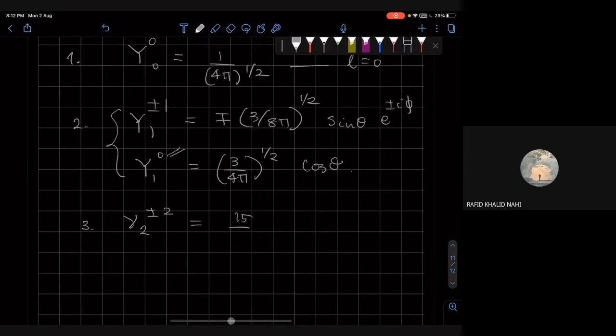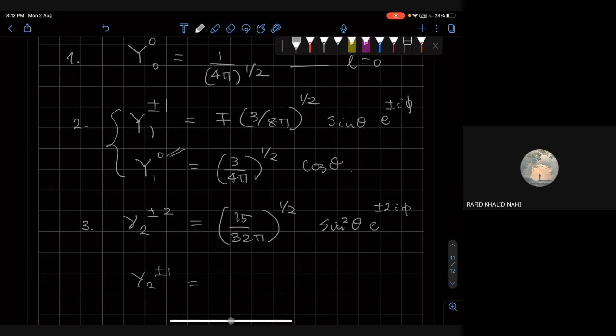It's the square root of 15 by 32 pi, sine squared theta e to the power plus minus 2 i phi, and then Y2, it can be plus minus 1.